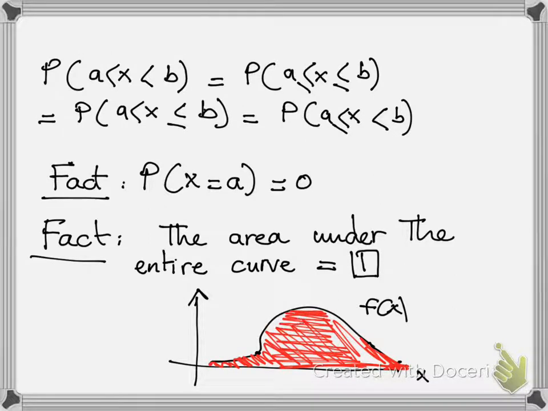This red area, the total area under the curve, is always equal to 1 in any continuous probability distribution.